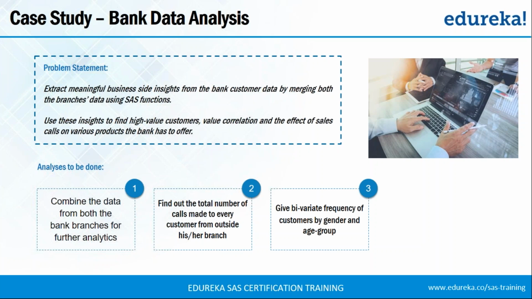Give a bivariate frequency of customers by gender and age group. That is a cross-tabulation between gender and age group. Find a relation between customers' age and the bank balance. Is it that customers who are older have a better bank balance, or vice versa? These are the things which we need to figure out.